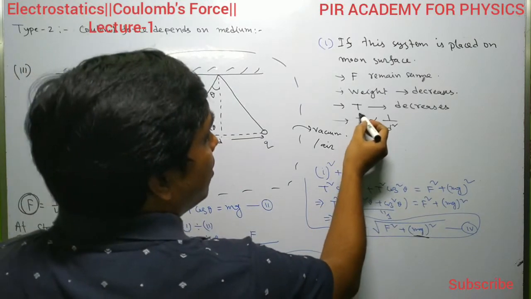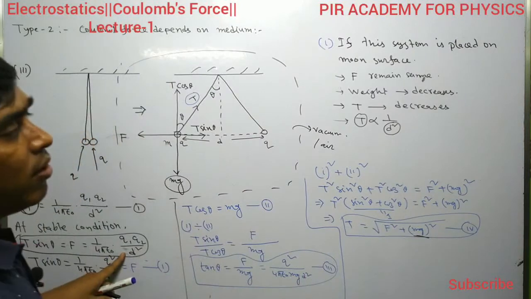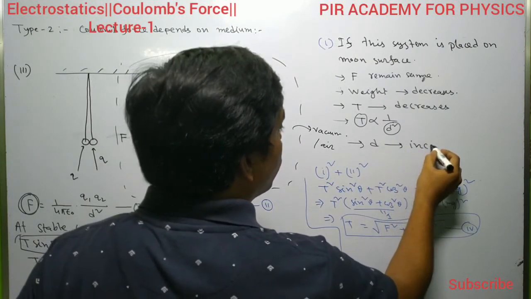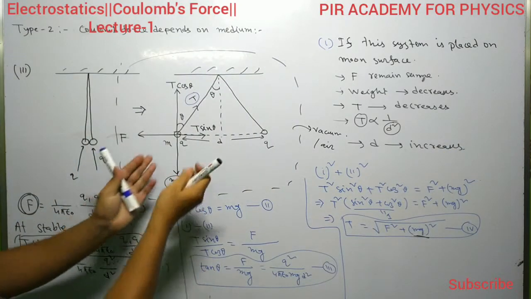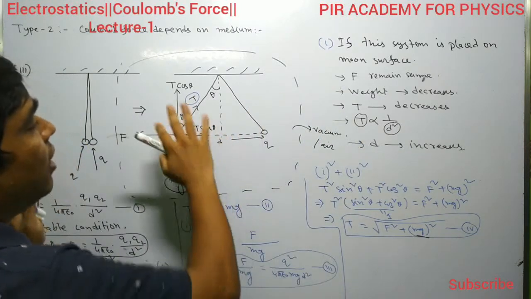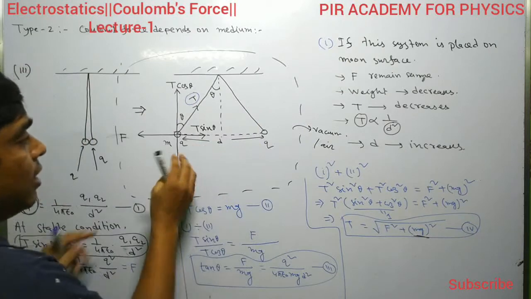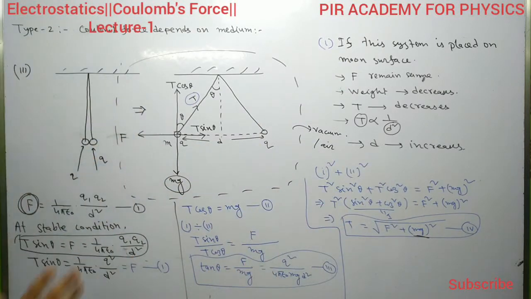So T decreases, so d must increase. So the separation between the charges will increase. So if this system is placed on the moon surface, then the separation between the two charges will increase.